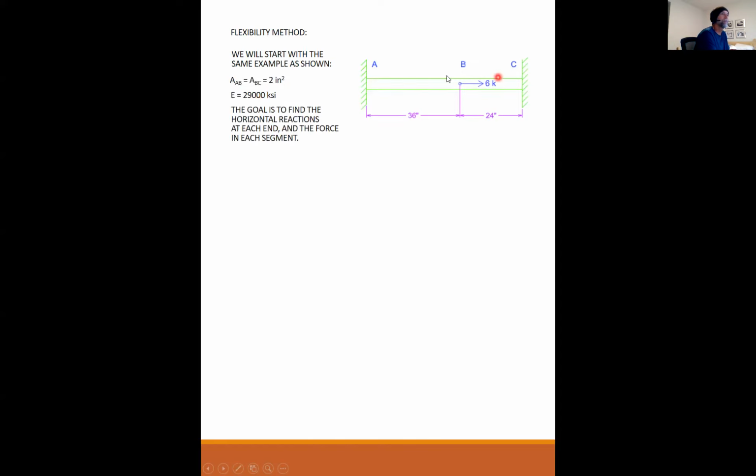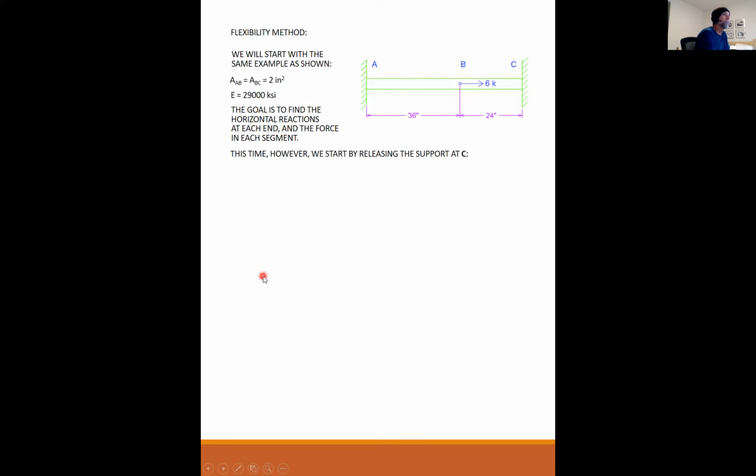The next method is known as the flexibility method. And this is a little different, but it gets you to the same place. So the flexibility method, if I look at exactly the same problem, and the area AB is equal to area BC, 2 inches squared, modulus is 29,000, same 6 kip load on a 5-foot long rod.